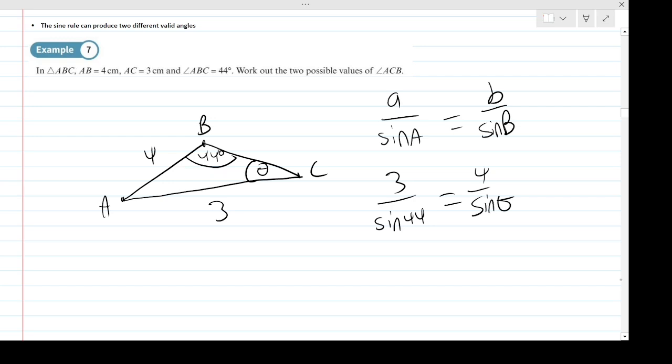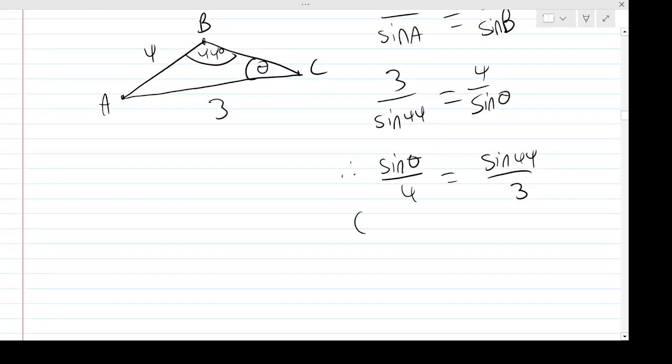So then we just solve for theta, right? Again, to help us, we could flip the fraction, do the reciprocal, so then we can say sine theta over 4 is going to equal sine 44 over 3. And so then I can times both sides by 4, or I could cross multiply. But I'll times by 4, so then sine theta is 4 times sine 44 over 3.